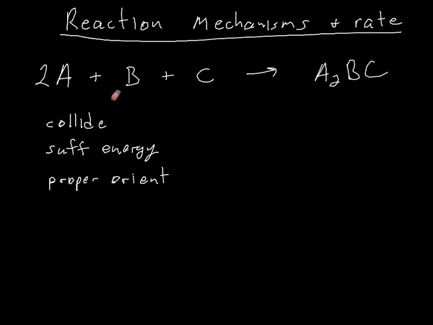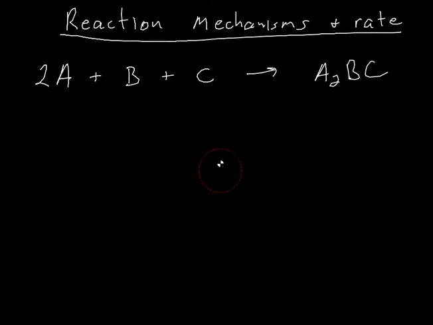Here's the crux of this idea: in this particular reaction, the odds of this being a one-step reaction, a single-step reaction, like SN2 is a one-step reaction, are astronomically low.